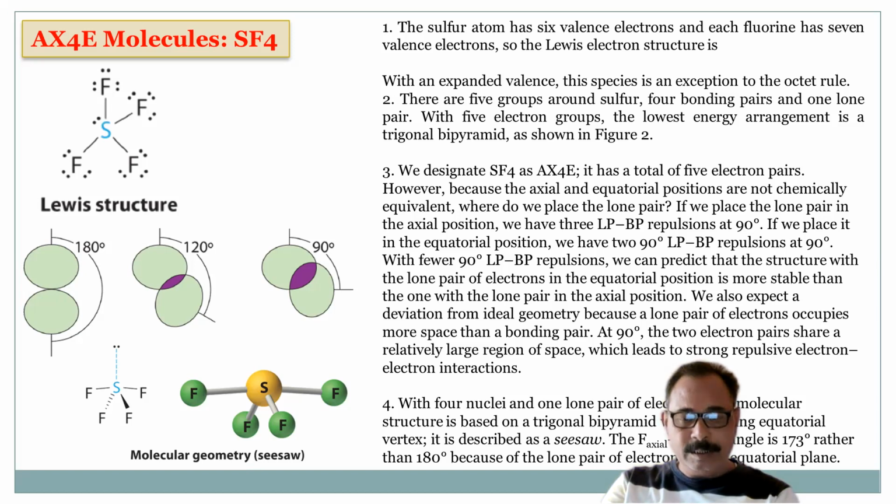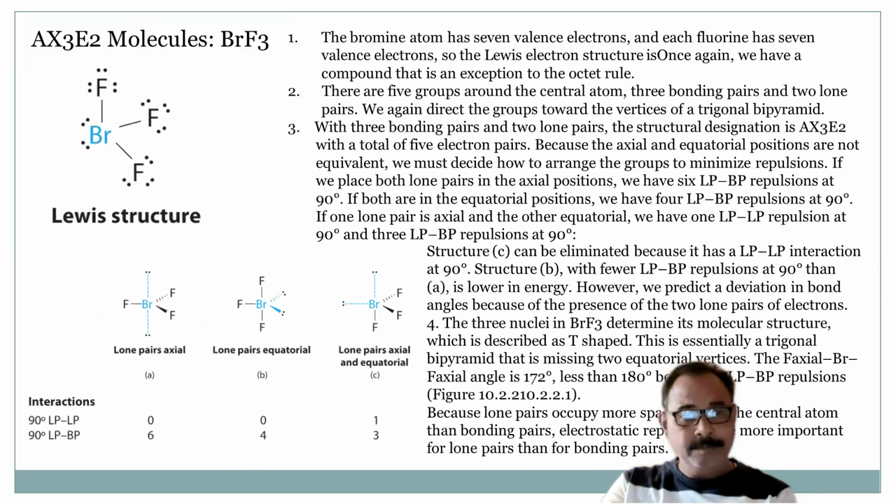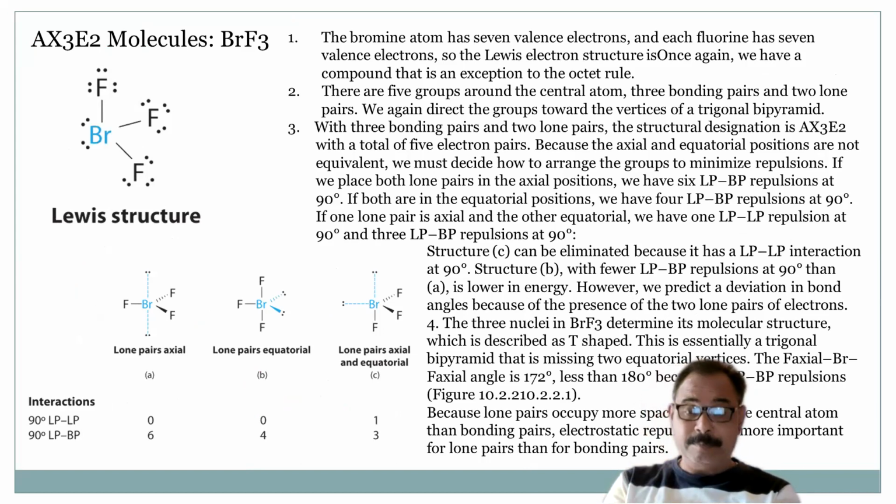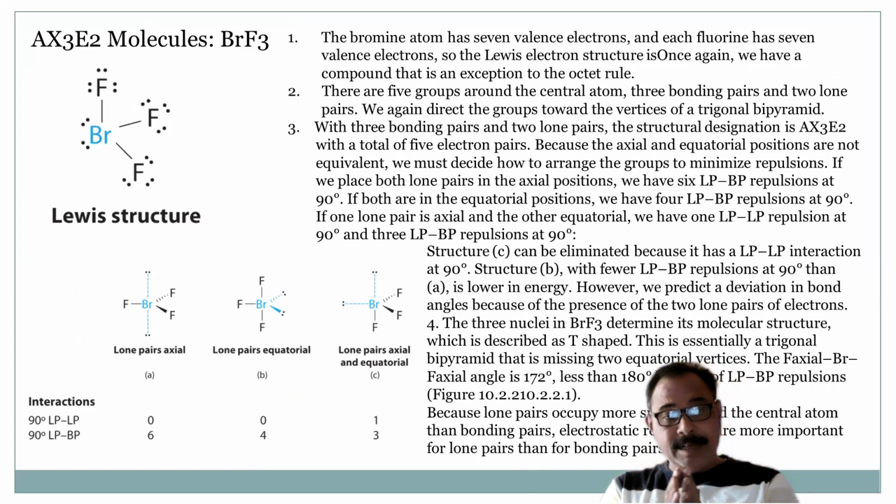Now we turn towards the next molecule, that is the AX3E2 molecule, where two lone pairs are available, and an example is BrF3. Here you can see the Lewis structure. The bromine atom has 7 valence electrons and each fluorine has 7 valence electrons.